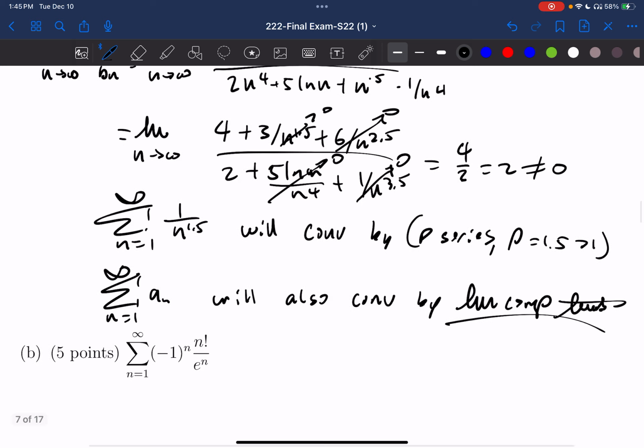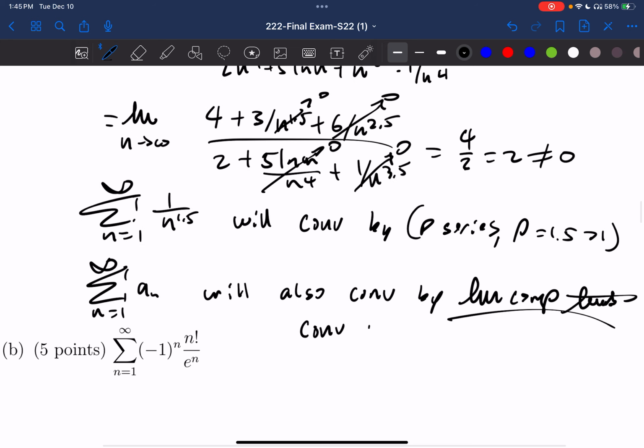And because we said all terms are positive, this will converge absolutely.